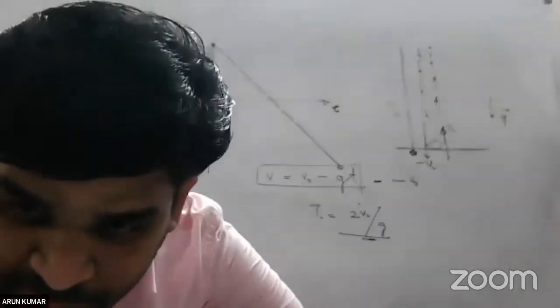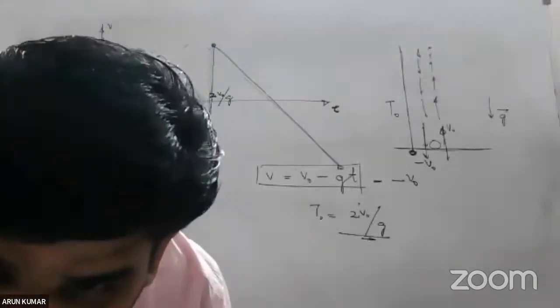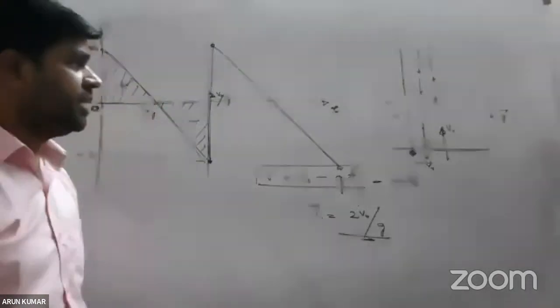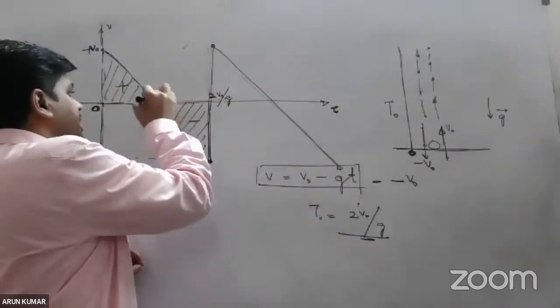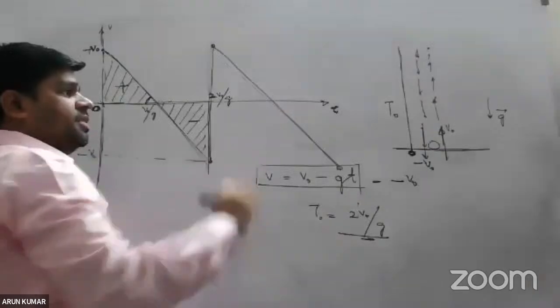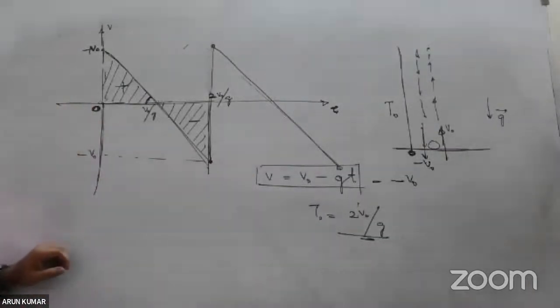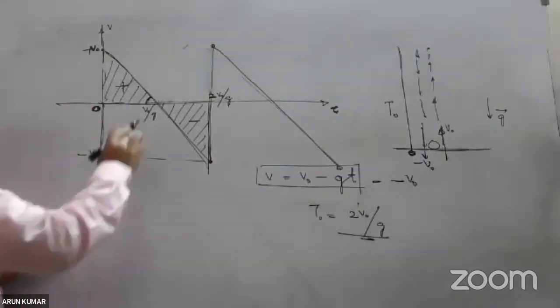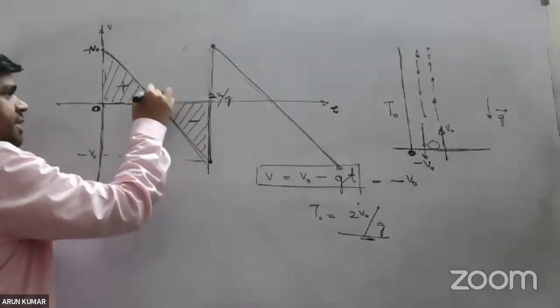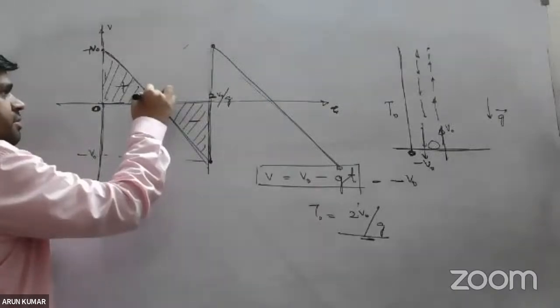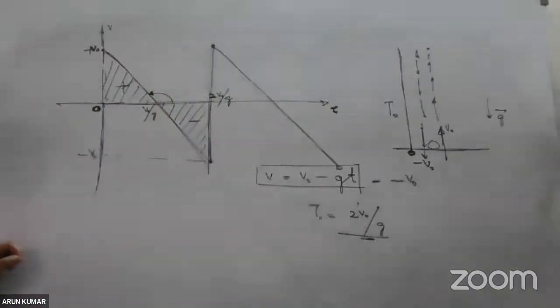What is the angle for minus g? Minus g is downward, that's it. And the slope of this line is minus g, so tan of this angle is minus g, negative g. So negative slope, retardation.